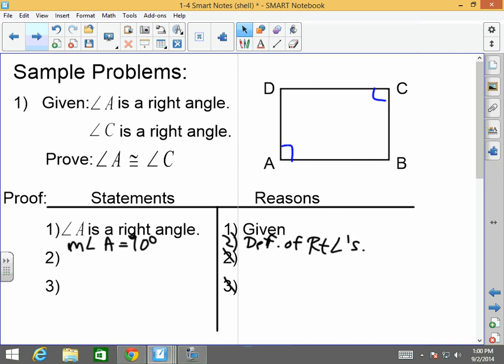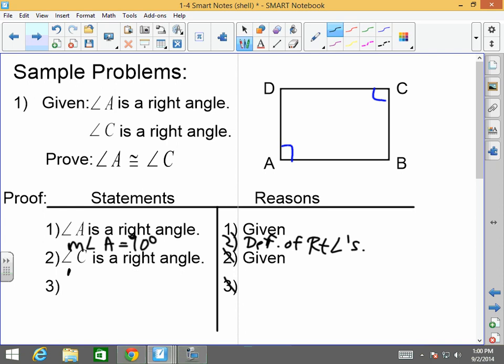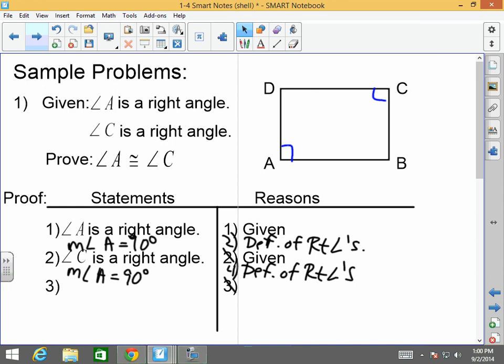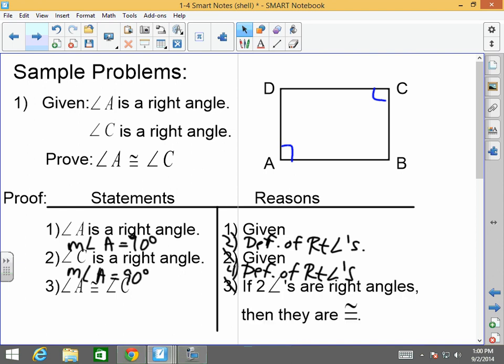Excellent. Next. Yep. Or definition of right angles, correct. Angle A is congruent to angle C. You can come teach the class. Excellent job, son. Very proud of you.